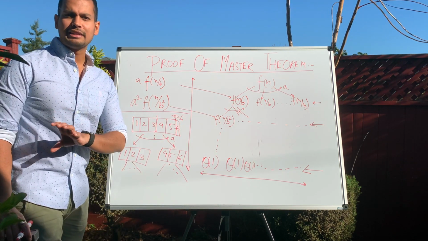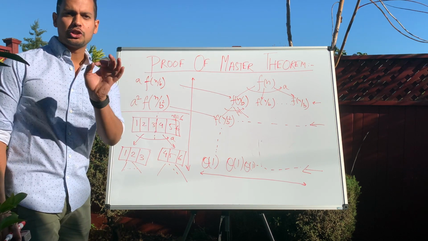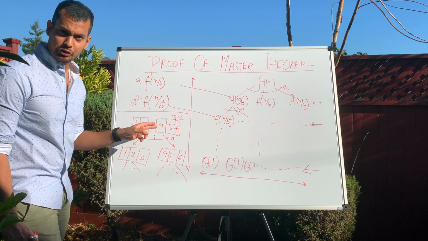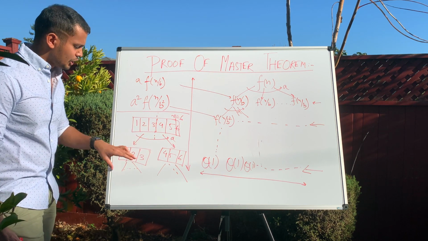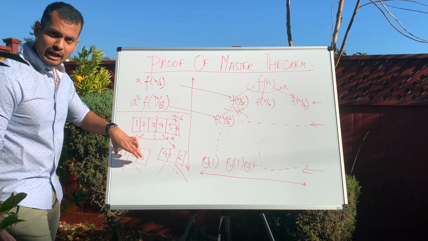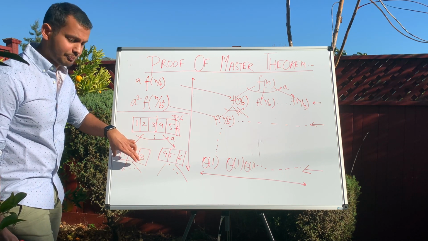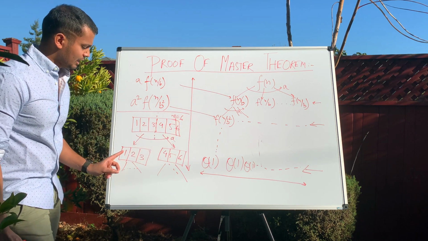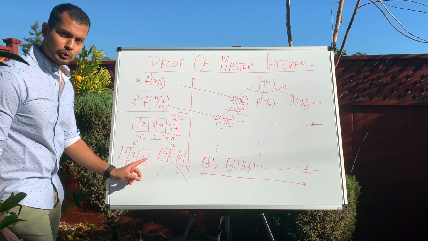Suppose I'm dividing the array into half in each recursive step. So 1, 2, 3, 4, 5, 6. I partition the array at the half, and we can see that the array length has dropped by 2. What I mean to say is that n was 6 in the first step. In the second step, n is equal to 3.